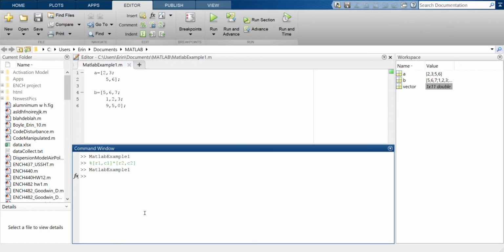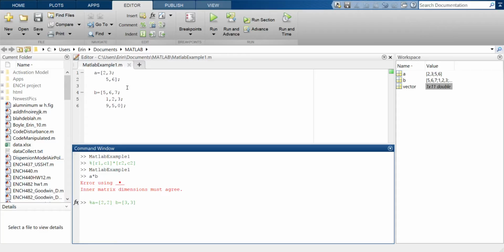If I try to multiply A times B, I'm going to get an error. Like we said, A is a 2 by 2, and B is a 3 by 3. So this 2 is not equal to 3. We can't multiply those together.